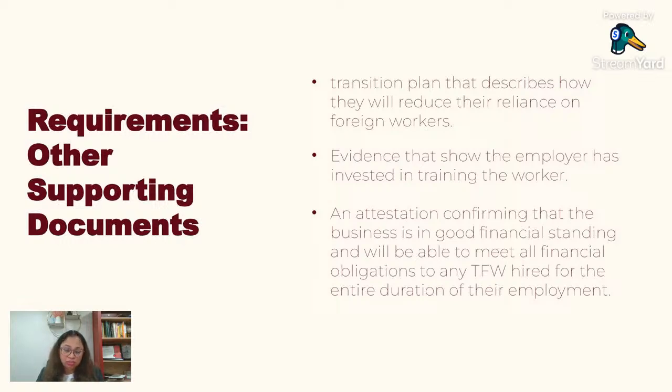For the transition plan, for the high wage application, this would describe how they would reduce the reliance on foreign workers in the future, and evidence that shows the employer has invested in training the workers is also important. And in case of no licenses, an attestation confirming that the business is in good financial standing and will be able to meet all financial obligations to any temporary foreign worker hired for the entire duration of the employment.